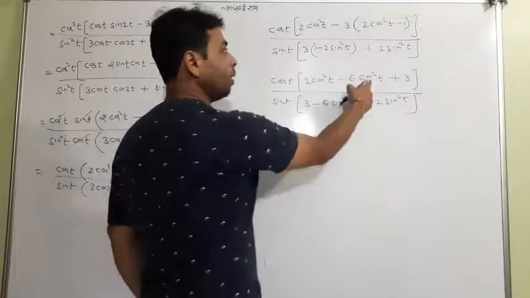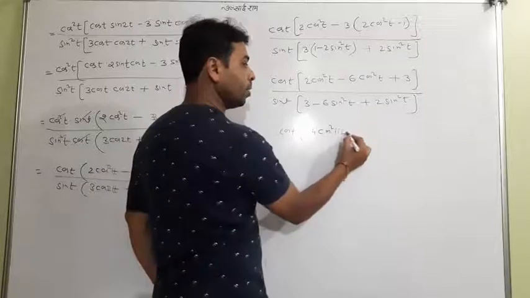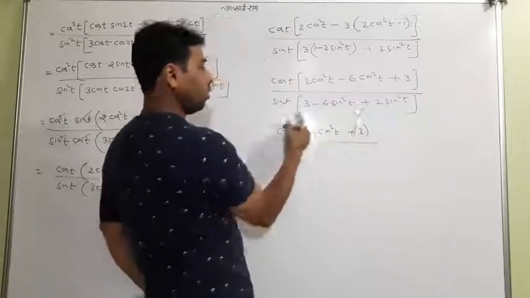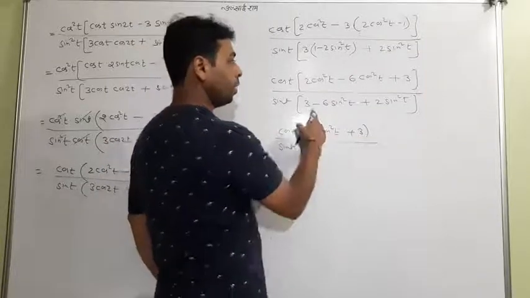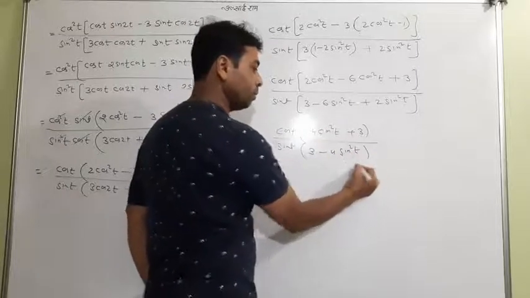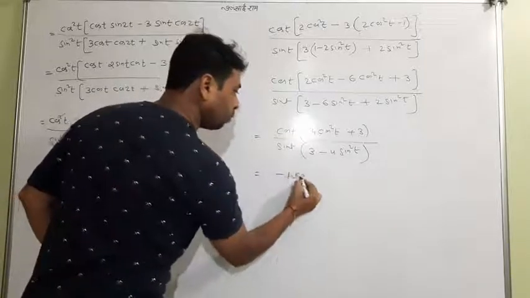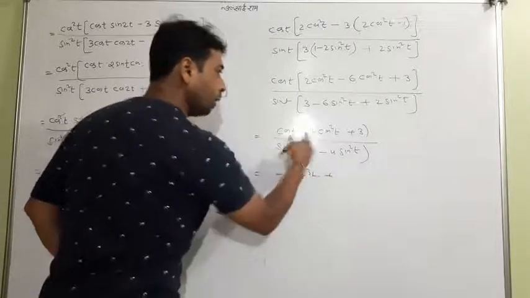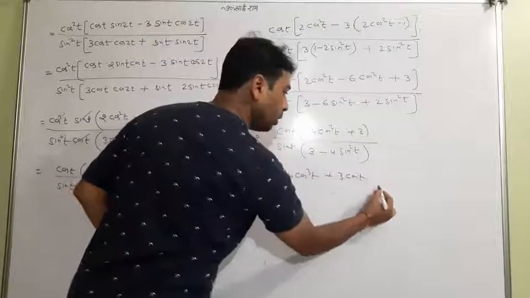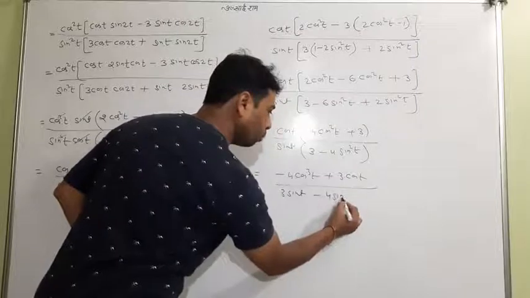Cos t upside will be 3. These two will be minus 4 cos square t plus 3, upon sin t times 3, and these two will be minus 4 sin square t. So first do the multiplication of cos: this is 4 cos cube t. Multiply cos: 3 cos t. Multiply sin: 3 sin t minus 4 sin cube t.